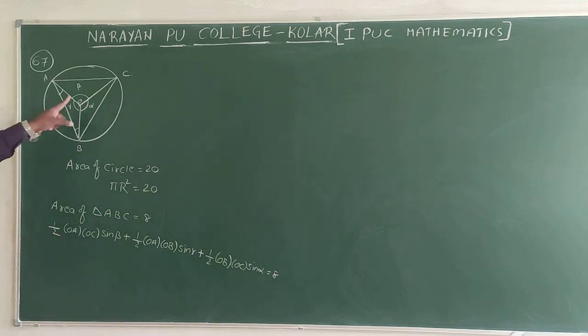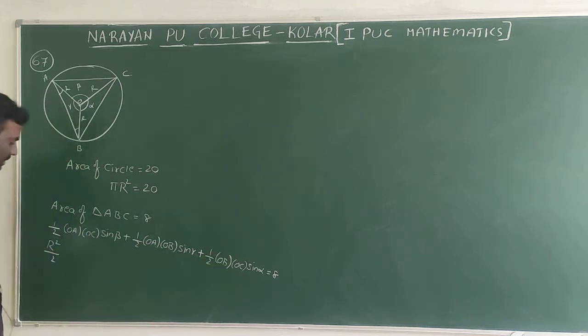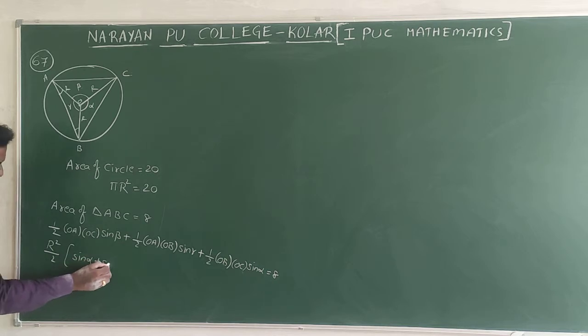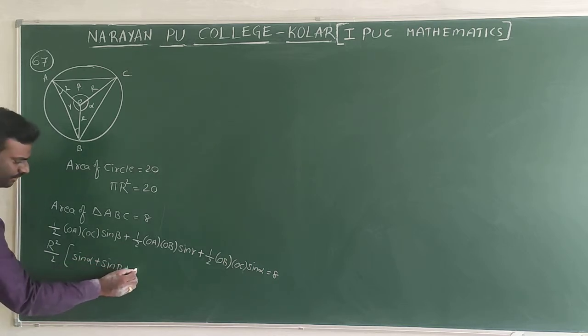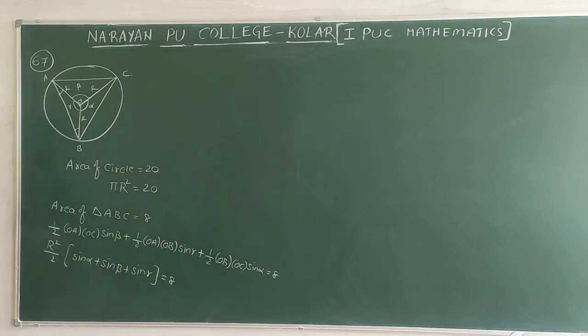But here OA, OB, OC are the circumradius, denoted with capital R. It is also capital R. It is also capital R. If you substitute, R square by 2 will get common, because this is R, this is R, this is R, this is R, and this is also R. Now what is remaining? Sin alpha plus sin beta plus sin gamma is equal to 8.